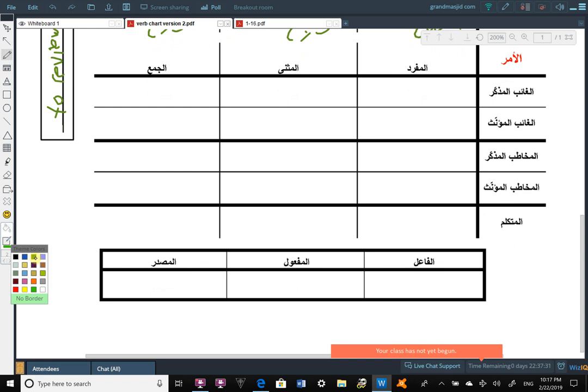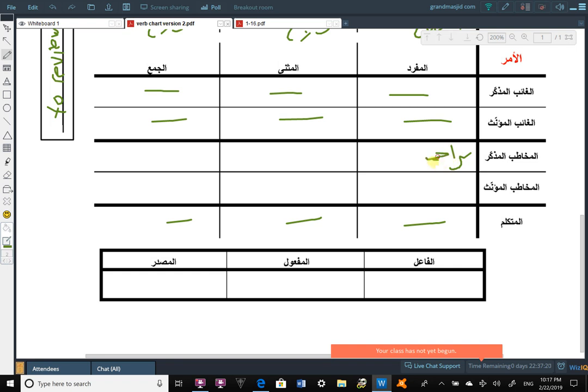You're back to fi'l amr. No third person nor first person. For the mukhatab, we had turaji'u. We put a sukoon here, or we drop our noon. We drop our present tense letter. Our first radical has a vowel on it, so we don't need to add anything.